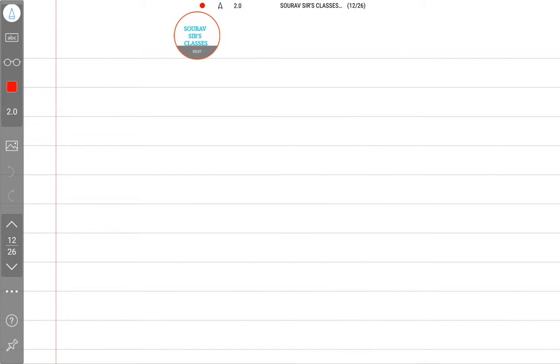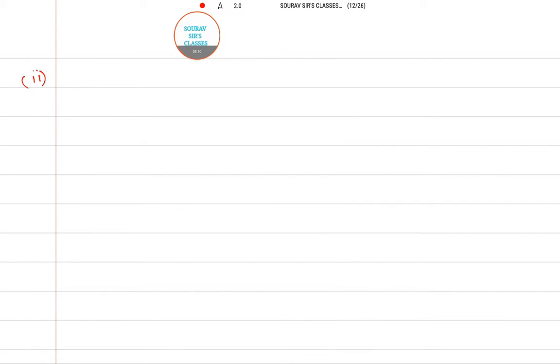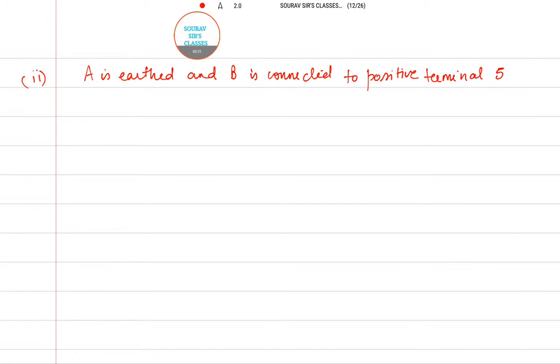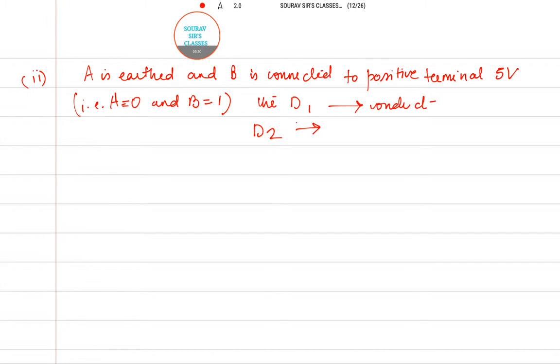So the second case says, when A is earthed and B is connected to the positive terminal of the battery 5V, that is A is equal to 0 and B is equal to 1, the diode D1 will conduct while D2 will not conduct.